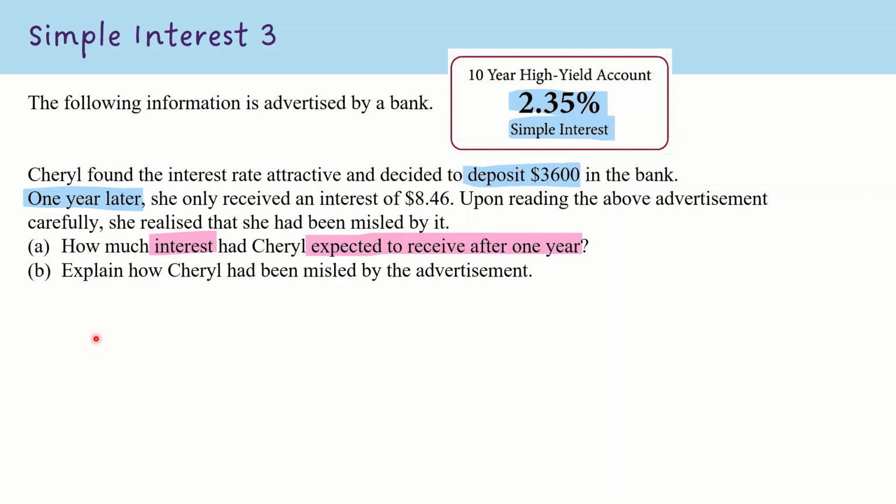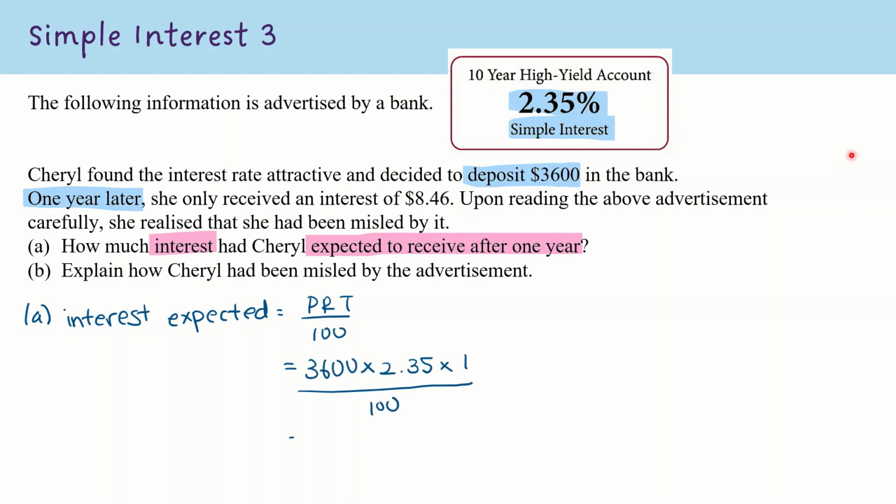So Cheryl actually expected 2.35% of simple interest, which makes R equal to 2.35. So to find out the interest expected, we will use our formula of PRT over 100, which is 3,600 times 2.35 times 1 over 100, and that gives us $84.60. So the amount of interest she had expected to receive was $84.60.